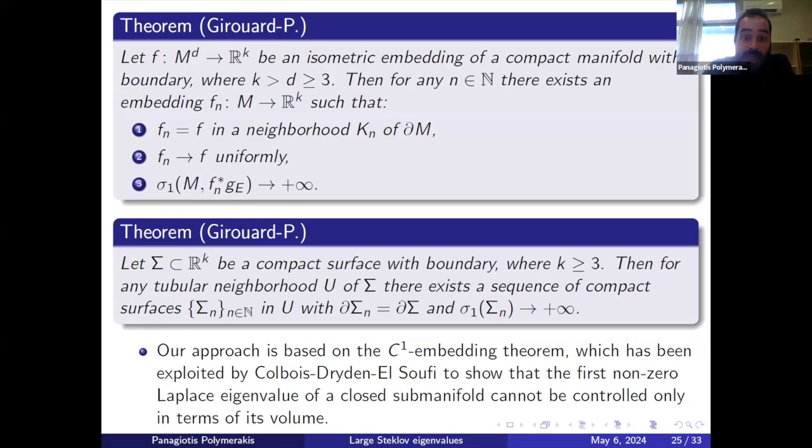Our approach for this result is based on the C1 embedding theorem, which has already been exploited in the case of closed submanifolds of the Euclidean space. However, in our setting, we have to be quite more careful in applying it in order to obtain submanifolds with the same boundary.